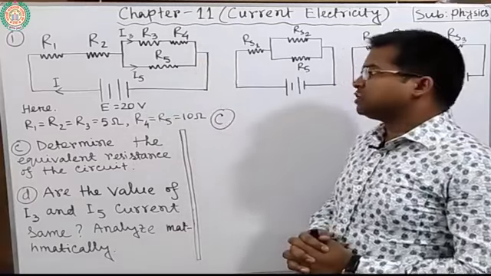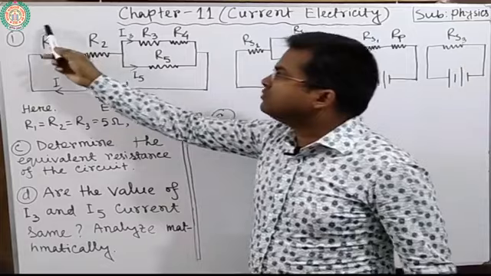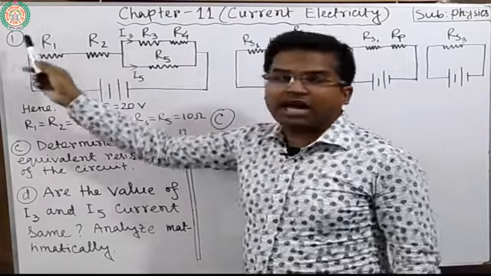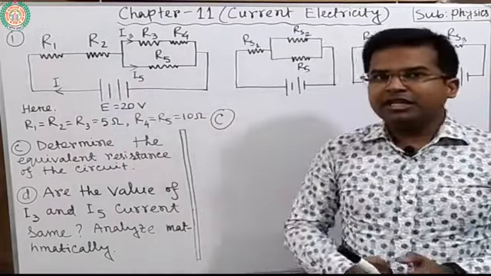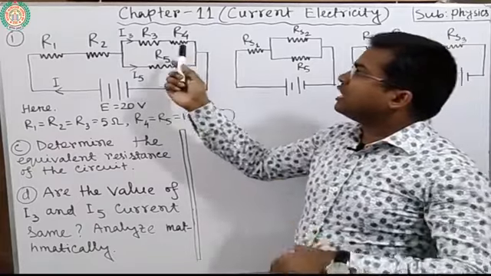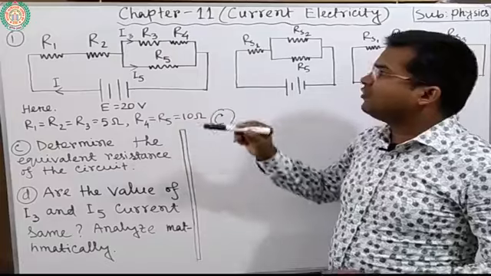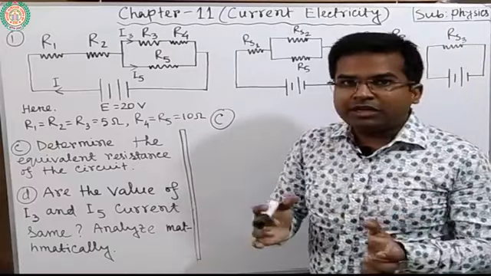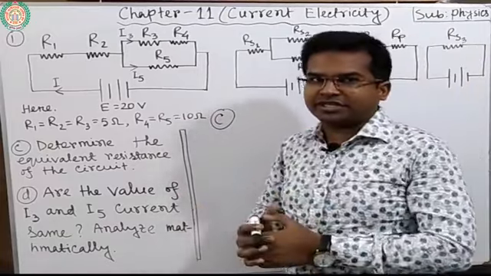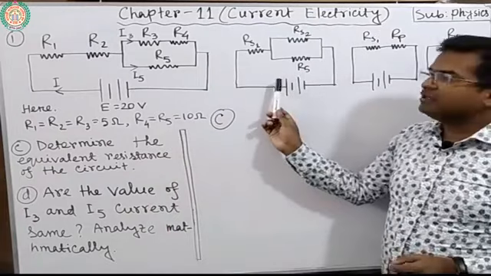So, dear students, if you consider the equivalent resistance of R1 and R2 as RS1, and the equivalent resistance of R3 and R4 as RS2, then what will be our next circuit? This will be our next circuit.